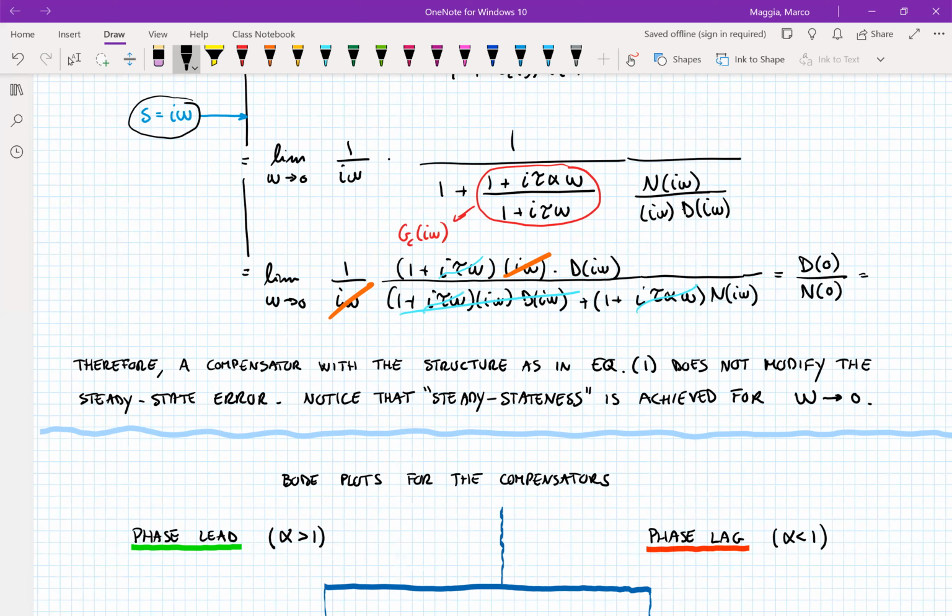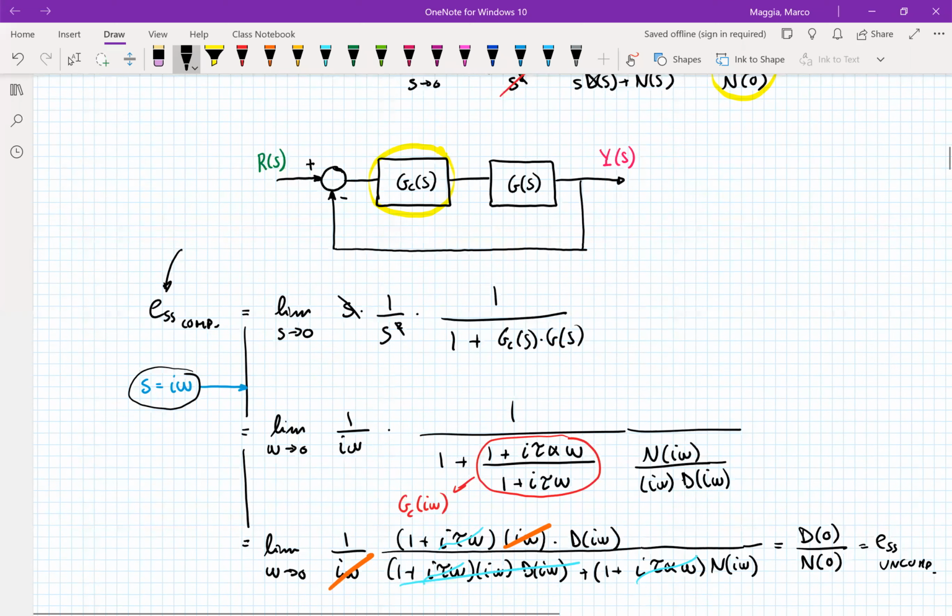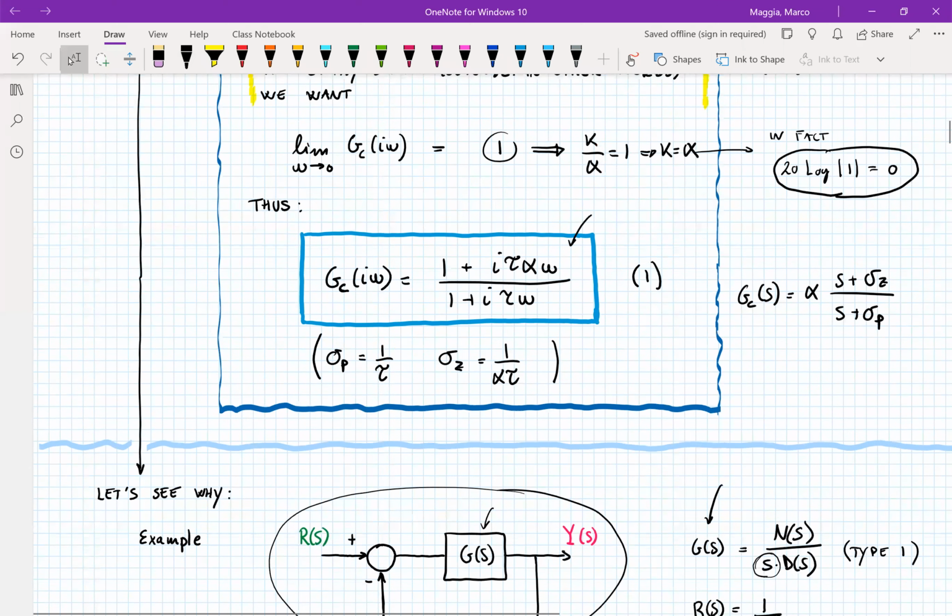So that is exactly the same steady state error as for the uncompensated system. So in other words, as we already knew, but now we actually proved it, introducing a lead compensator or a lag compensator written in this form does not alter the steady state response or steady state error of the system.